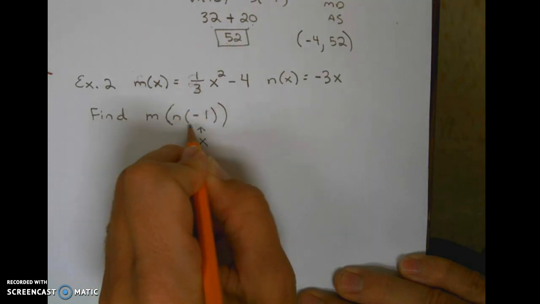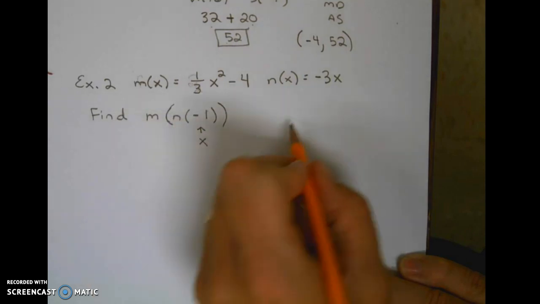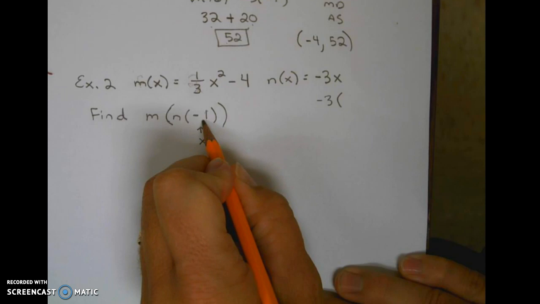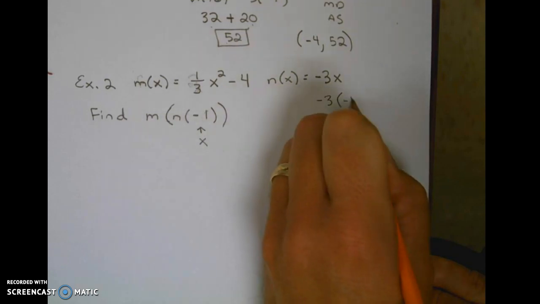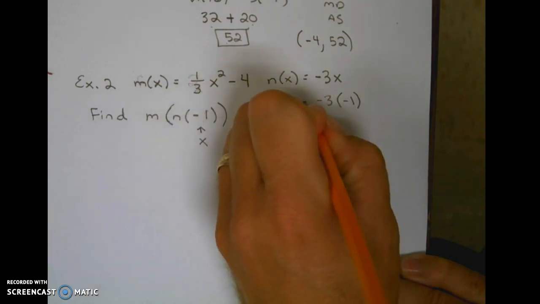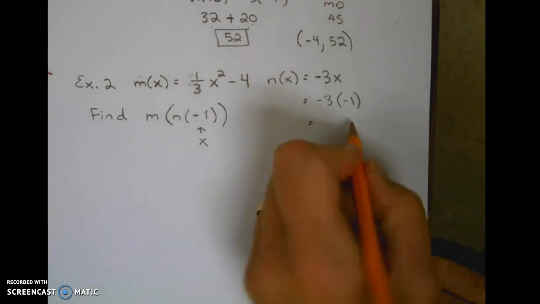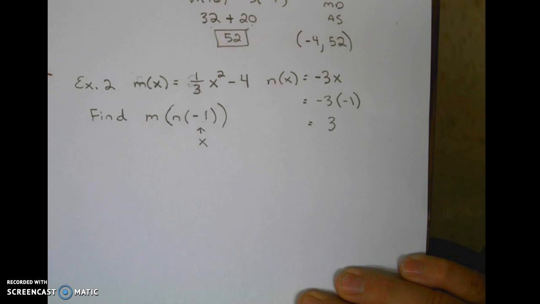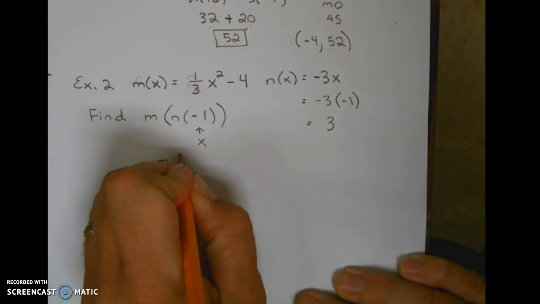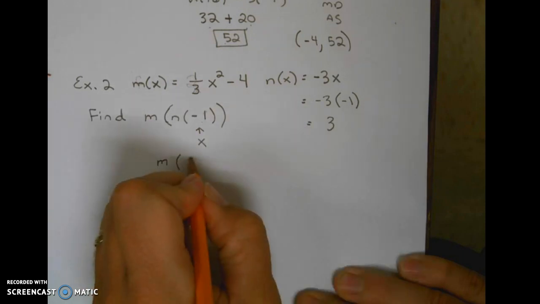We're going to find the function value for function n. So we have negative 3, plugging in negative 1 for x, everywhere we see an x. So our function value is going to be 3. So now what we have here is m of 3.